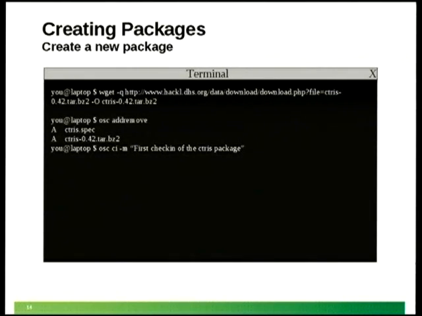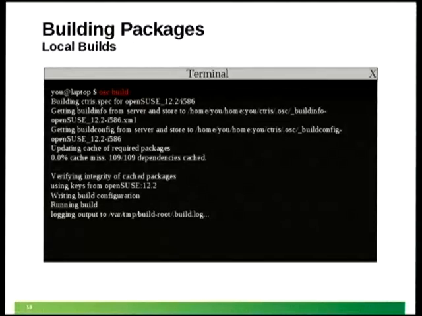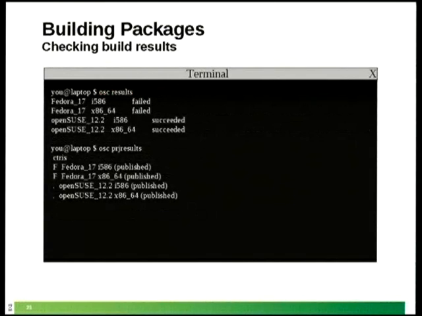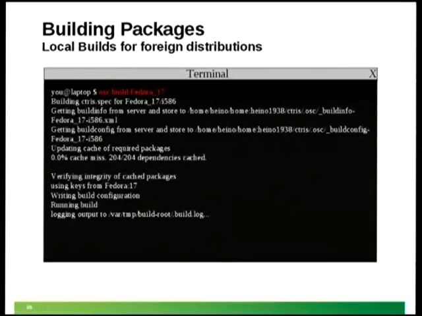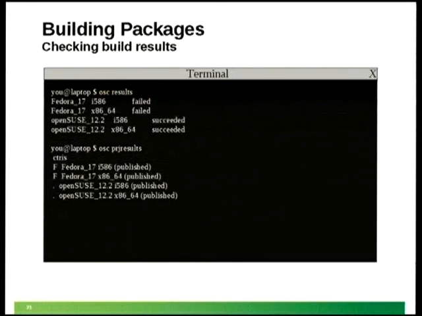So what we have done now is we munched through packages a bit, and you have built for a distribution that you chose first, and then you have added another one, and now you have checked in your latest results.